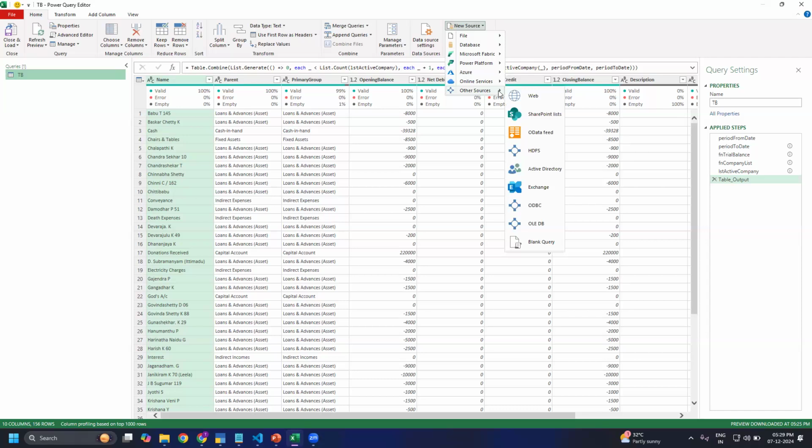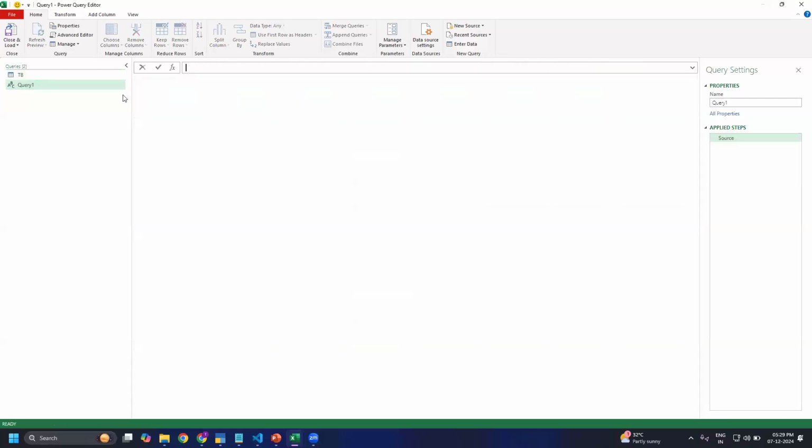From here, other source. Again, we have to click on blank query. So I will rename this one to group. Group. And I'll click on the advanced editor option.